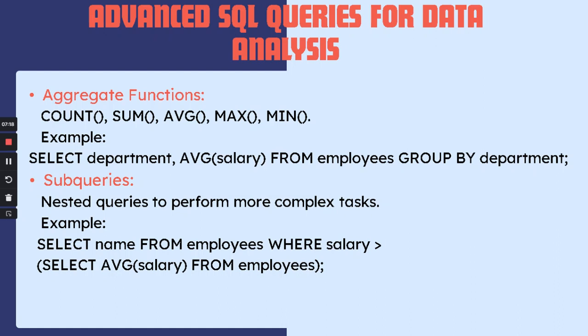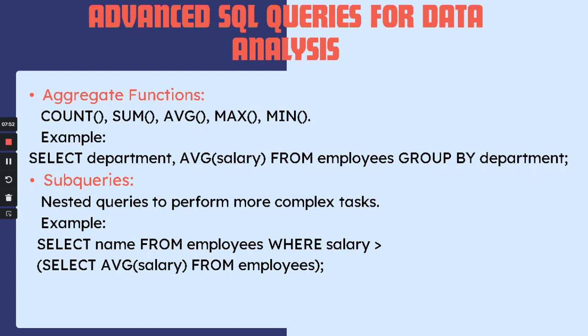The average or AVG calculates the average value of a column. Max finds the maximum value in a column, and min finds the minimum value in a column. An example is select department, AVG salary from employees grouped by department. This query calculates the average salary for employees in each department.